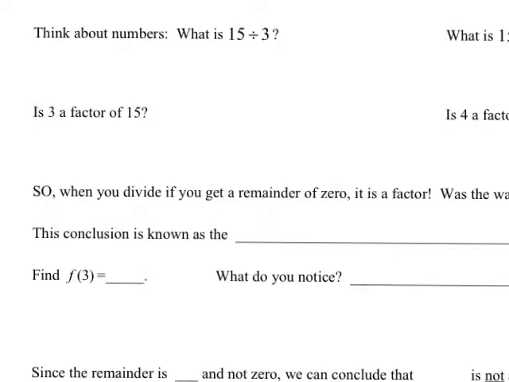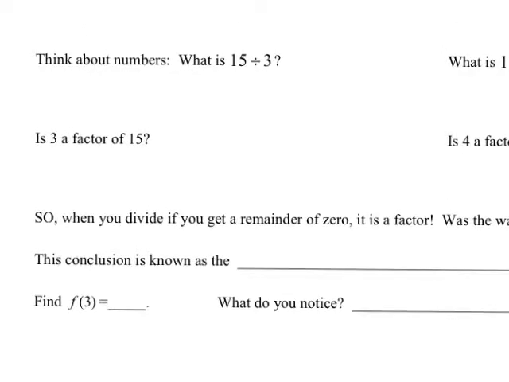So in order to do the factor theorem, let's think about numbers. If I ask you what 15 divided by 3 is, you wouldn't really have to do this, but if I did, 15 divided by 3 is 5. 5 times 3 is 15. You get no remainder. So you just would say 5, and that's it.